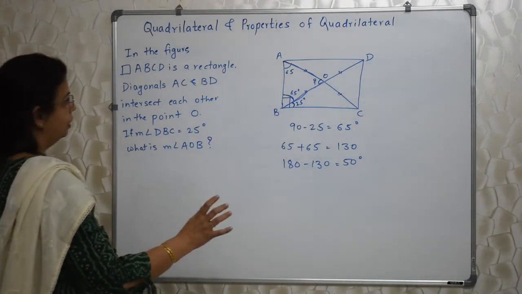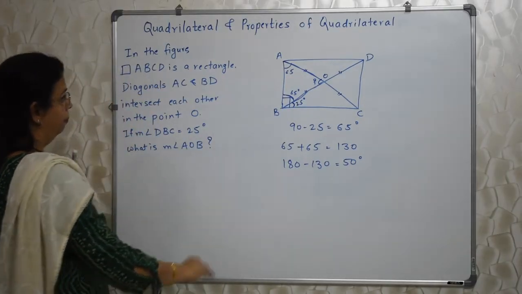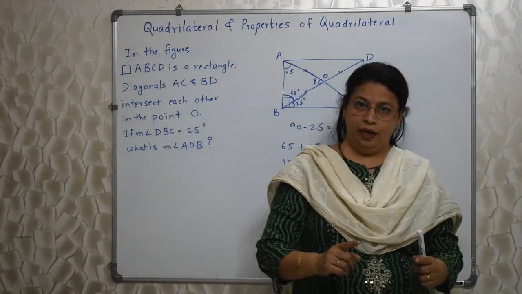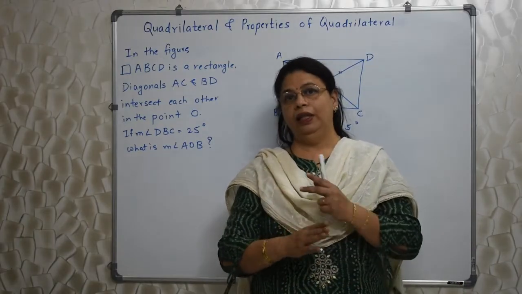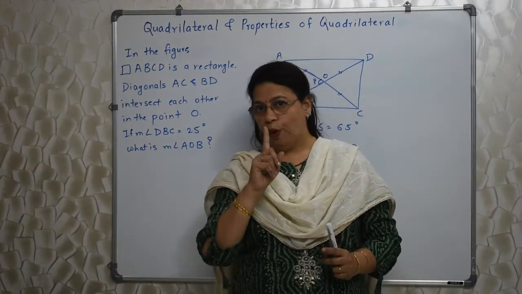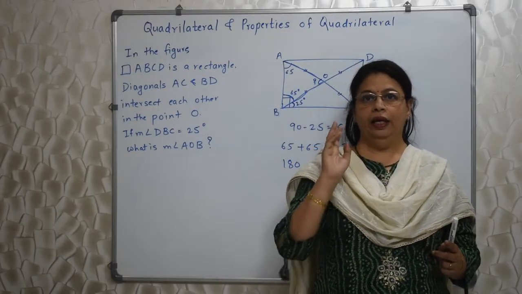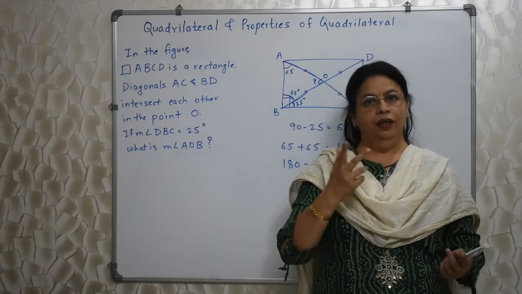Simple principles or properties of rectangles and triangle we have used for this sum. First one is that both the diagonals of any rectangle are equal and they bisect each other when they intersect. This is property number 1. Second is all the angles of any rectangle are 90 each, right? Each one is 90. We all know that.